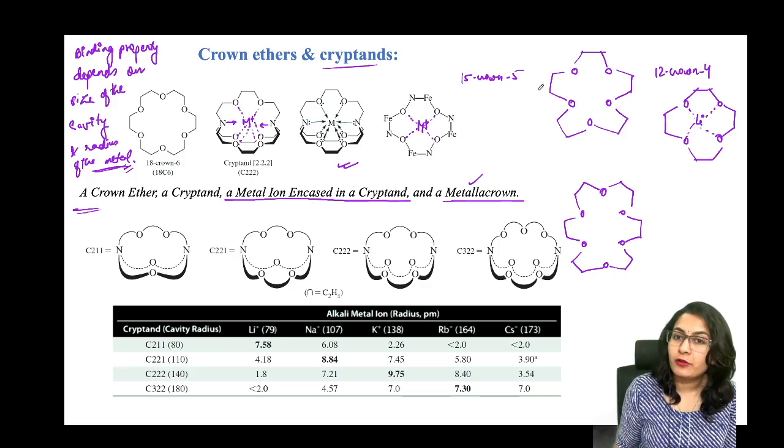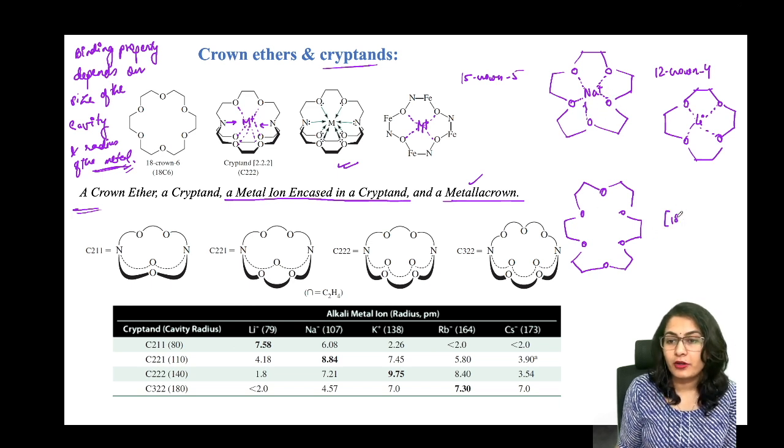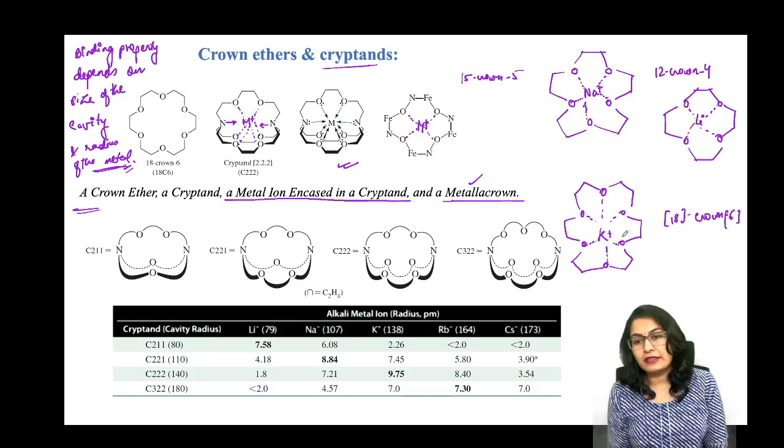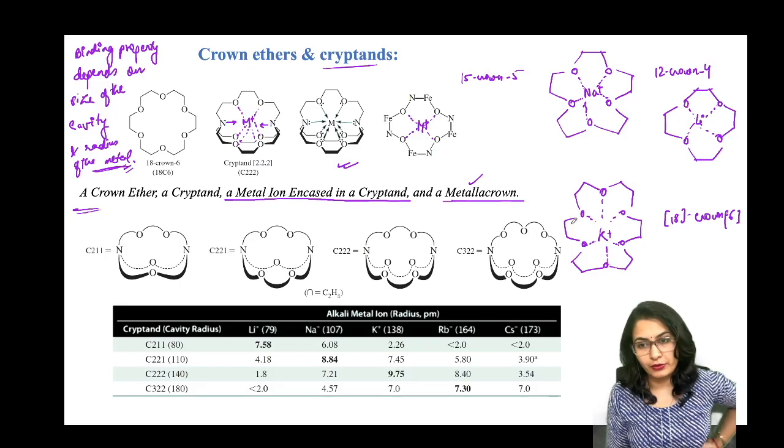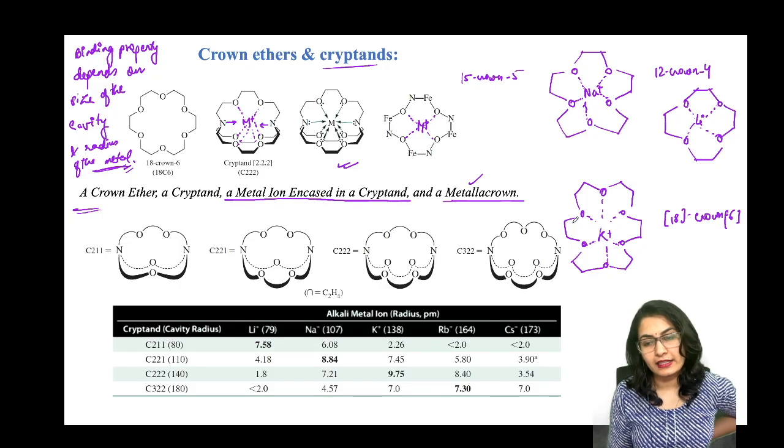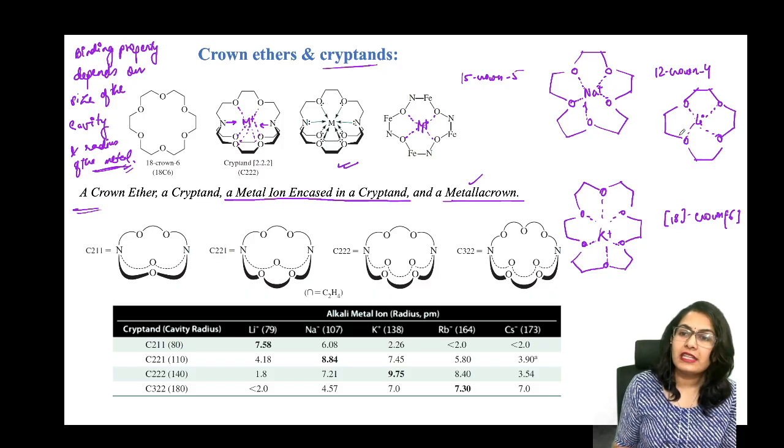In this way, when I'm talking about 15 crown 5, it is best suited for sodium plus. When I'm talking about 18 crown 6, alright, so when the cavity size of the crown ether increases, we can accommodate a larger alkali metal ion there as well. So these are the preferences of these metal ions in the crown ether system.